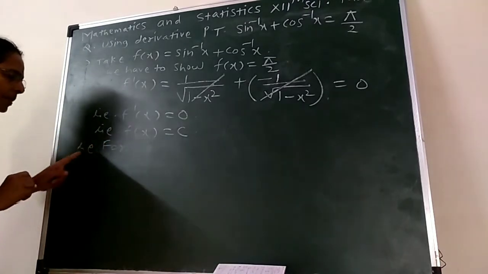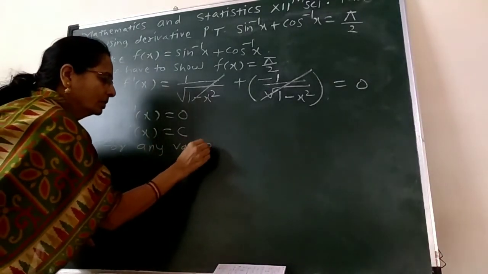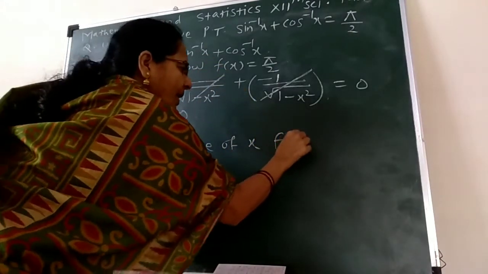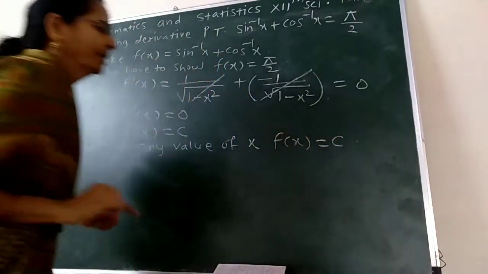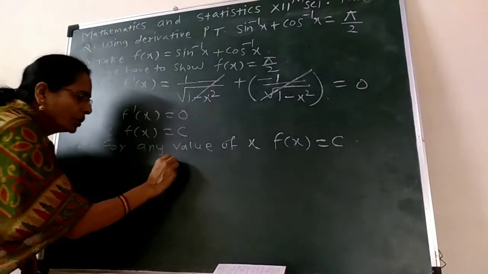That is, for any value of x, f(x) is equal to c. Function is constant. So take x equal to 0.